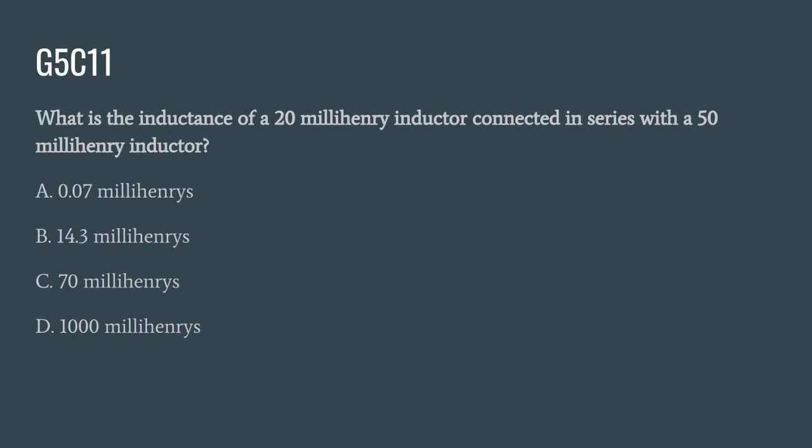G5C11. What is the inductance of a 20 millihenry inductor connected in series with a 50 millihenry inductor? A. 0.07 millihenries, B. 14.3 millihenries, C. 70 millihenries, or D. 1000 millihenries. Correct answer, C. 70 millihenries.